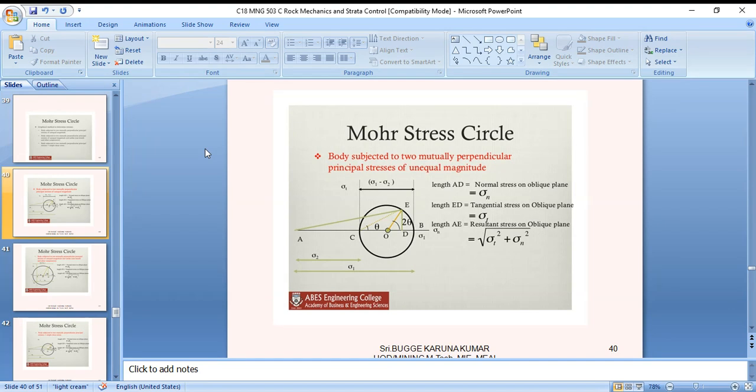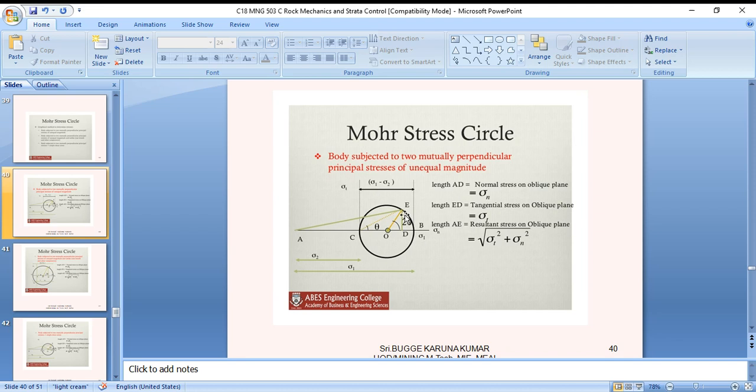In the Mohr stress circle, a body is subjected to two mutually perpendicular principal stresses of unequal magnitudes. Length AD is equal to the normal stress on an oblique plane, sigma n. Length ED, this is the vertical, tangential stress on the oblique plane.